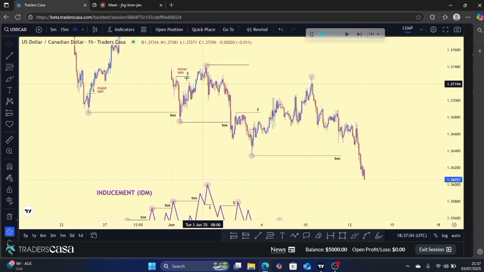Let me not talk about inducement first. Right here, price did the same break of structure. Then after that, mark the recent pullback. The liquidity resting above that pullback is what I'm interested in.